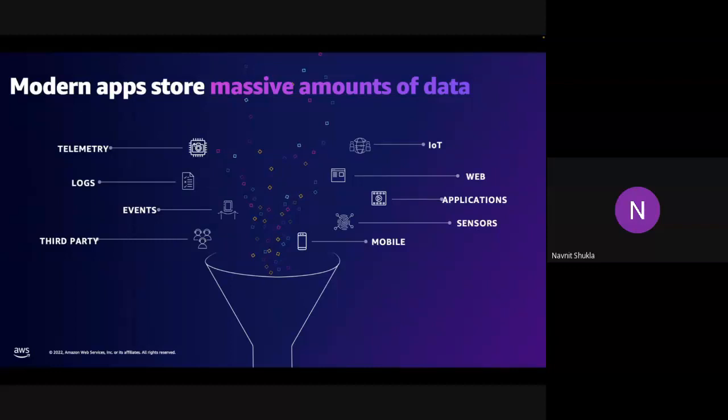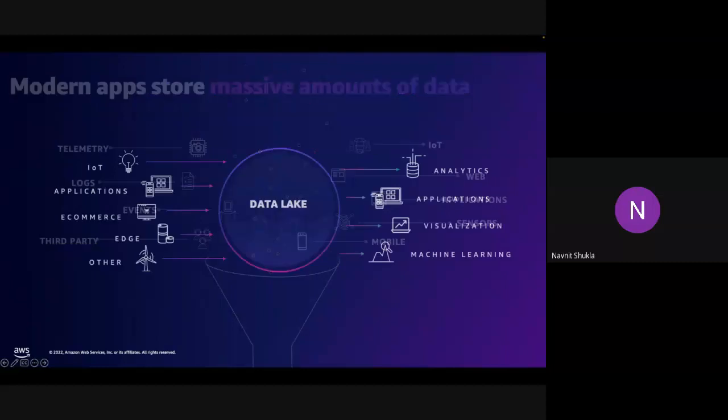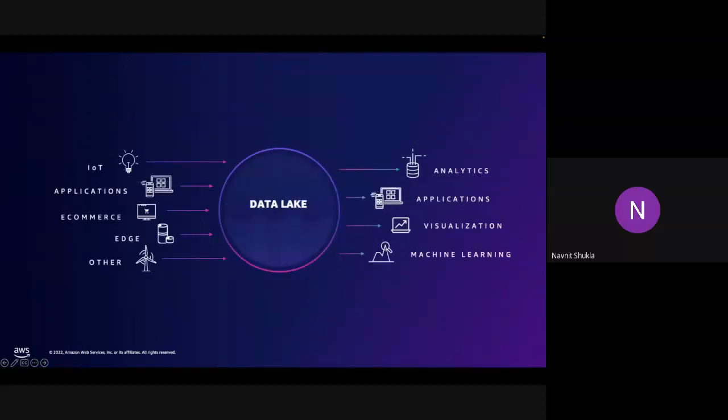So we are bringing a lot and lot of data, and that's where, as an option, we talked about where customers are storing the data, which is in a data lake. And when we talked about why they are storing data in a data lake, we touched upon the concept of schema on read, decoupling of storage and compute.